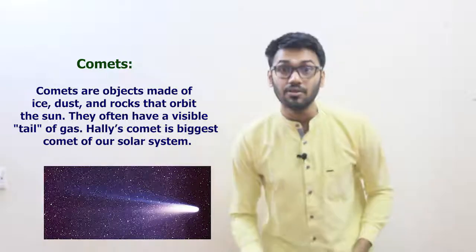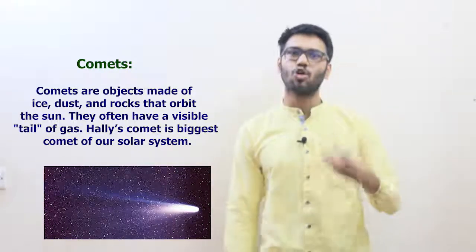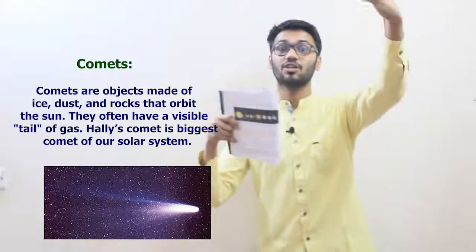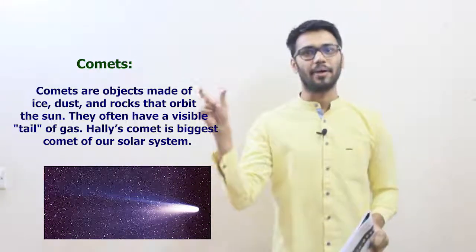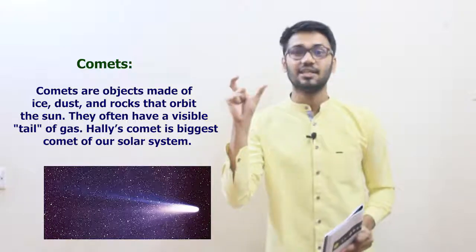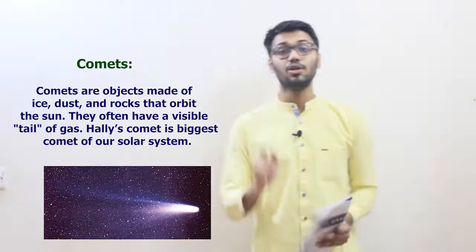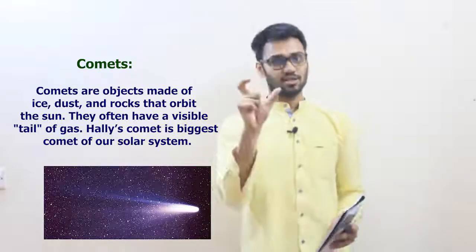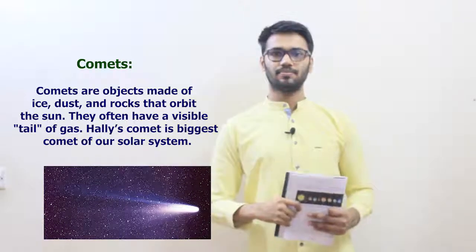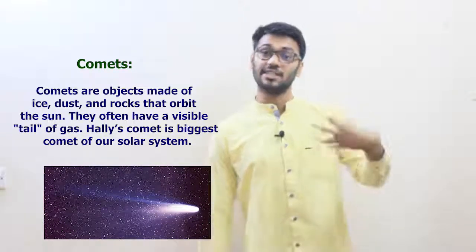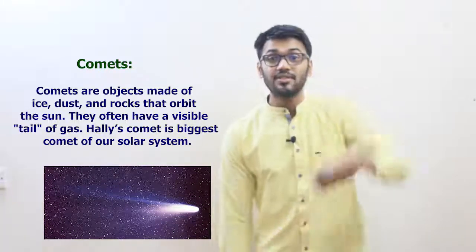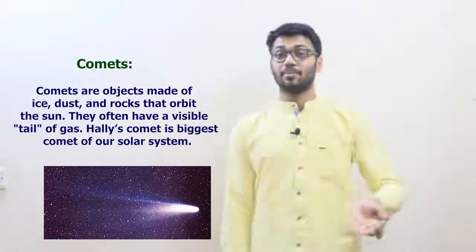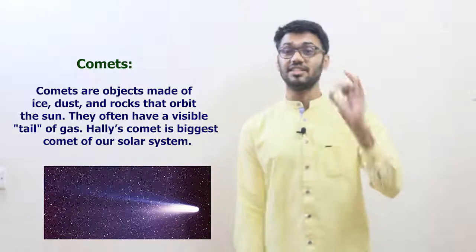In our solar system, Halley's comet is the biggest comet. What is the name of this comet? Halley's comet. Halley is the person who first discovered this comet. That's why it is named Halley's comet. You can see Halley's comet every 70 years.